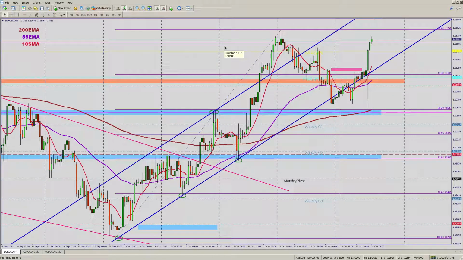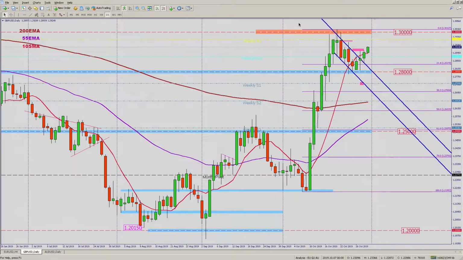Alright, let's also take a look at the cable. It also managed a bullish close yesterday and is continuing higher.